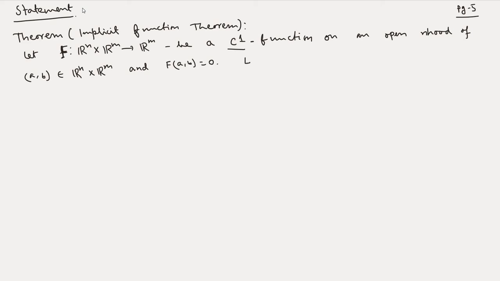Also let M be the matrix of order m cross m given by the n plus jth partial derivative of the ith component function of F at A comma B. Okay, so j runs through 1 to m and i runs through 1 to m.